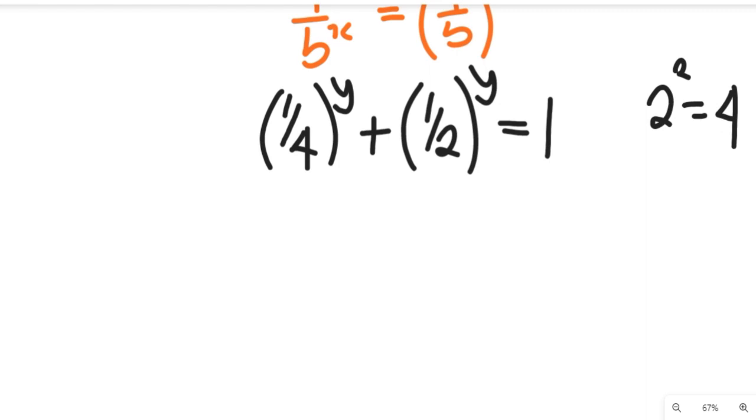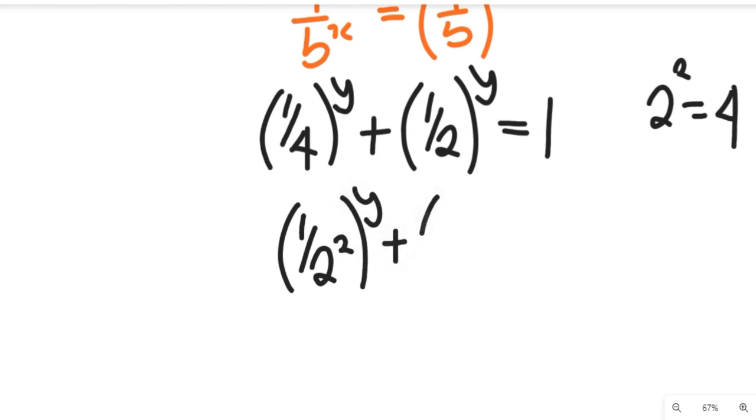So this can give us 1 divided by 2 squared, all to the power of y, plus 1 divided by 2, all to the power of y, equal to 1.